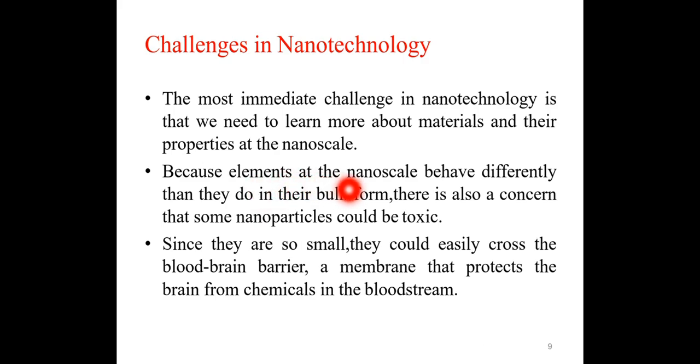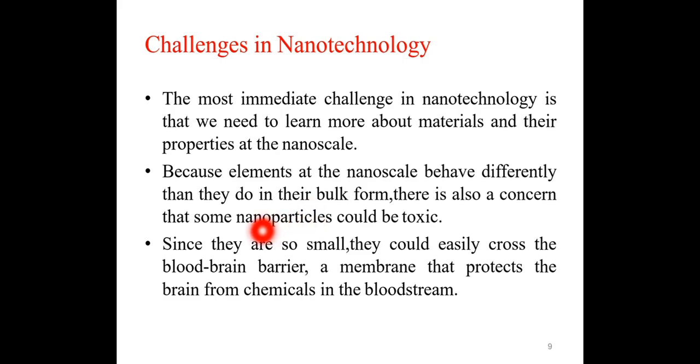See, elements at the nanoscale behave differently than they do in their bulk form. Suppose we take one material in the bulk form, and the properties we identify are different. And when we divide that bulk material to the nano level, their behavior is different.